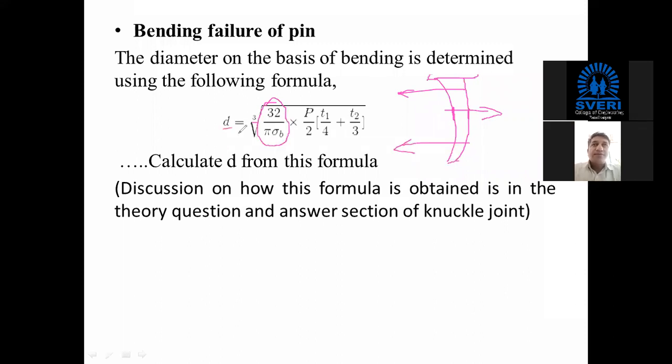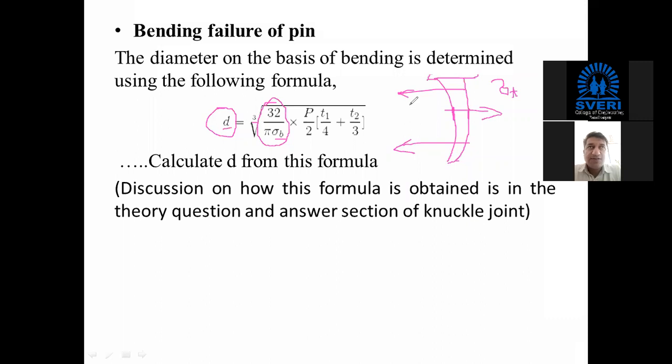So while you are going to calculate this diameter, it is cube root of 32 divided by pi sigma b, where sigma b is the allowable tensile stress value we have to use. Or you can check what the bending stress will be if you consider the d value from the previous shear failure.